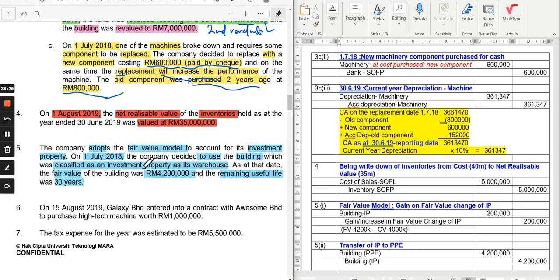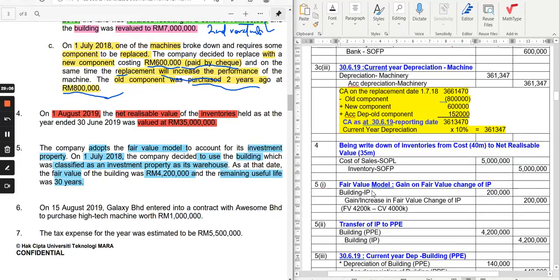Becoming a warehouse means it is going to be a PPE. The fair value of the building on the day of transfer, 1st of July, was 4.2 million. And remember, now that it becomes a PPE, you will have to depreciate the building, but you won't depreciate the building while it is an IP because it uses the fair value model. The remaining useful life was 30 years.